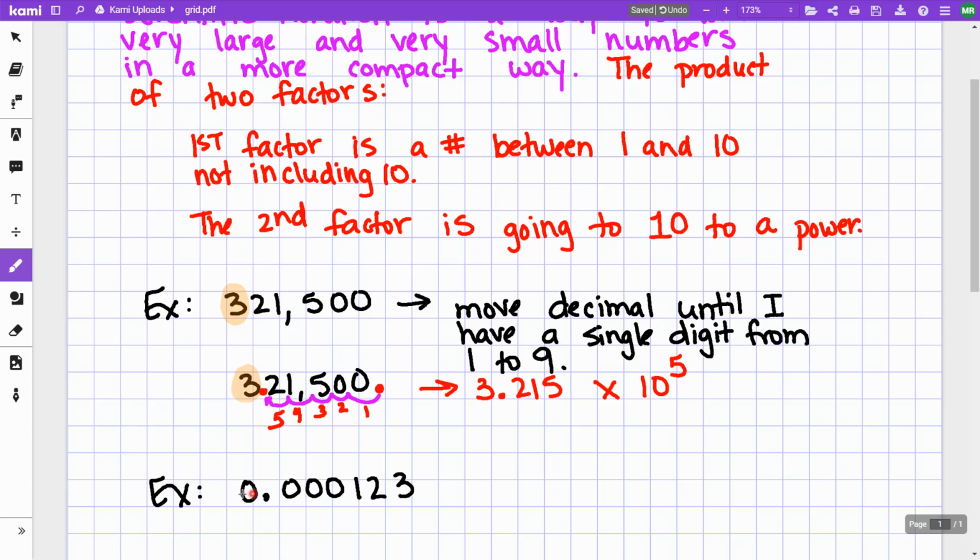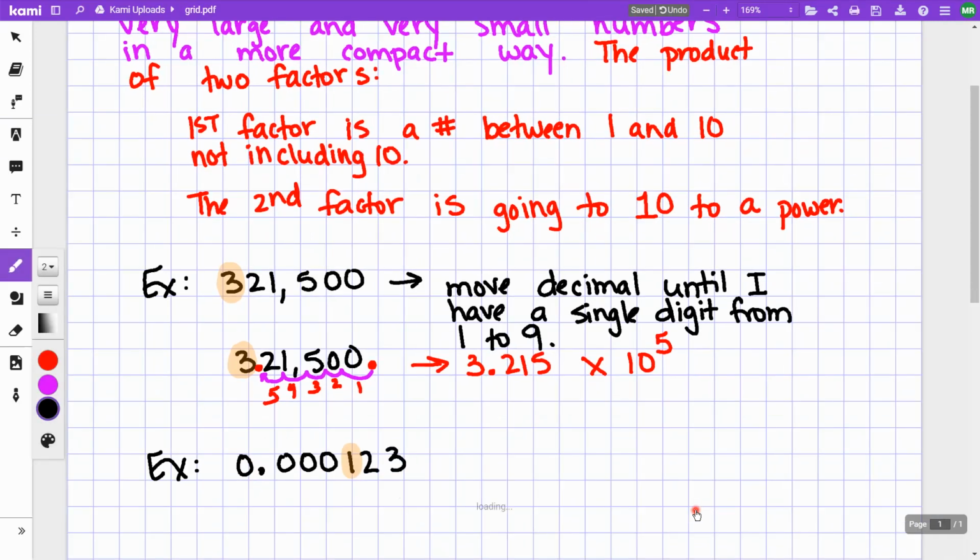Now, again, I always need to move my decimal so I have a single digit in front of it from 1 to 9. Okay, this is 0. This is not from 1 to 9. So I'm going to move it 1 place, 2 places, 3 places until this 1 ends up in front.